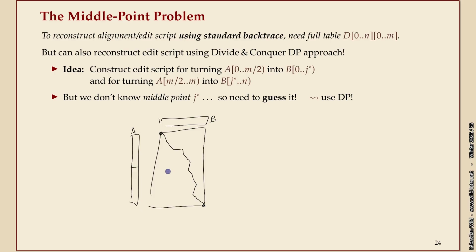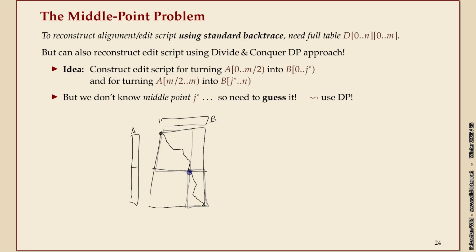It will have to, at some point, cross the middle of A, clearly. So if only I knew this point, I could independently reconstruct the top part and the bottom part. And I can even say this is restricted now to this part of the table, and this is restricted to this part of the table. I might actually never need to look into this ever again.